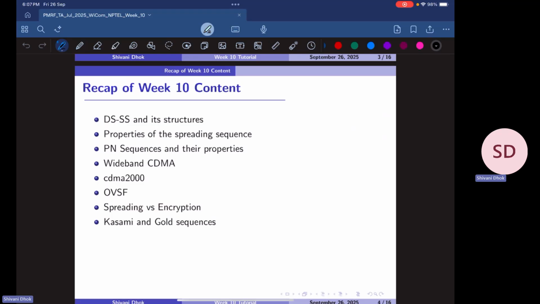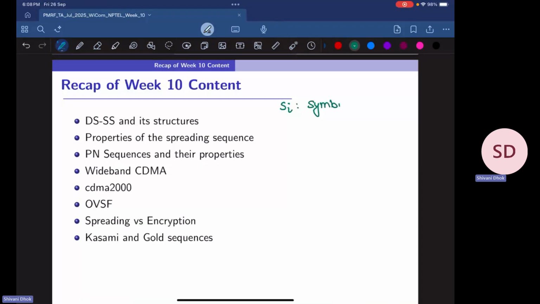In that, we said that if we want to transmit S_i, which is a symbol, we want to transmit this symbol S_i, which may belong to any constellation.